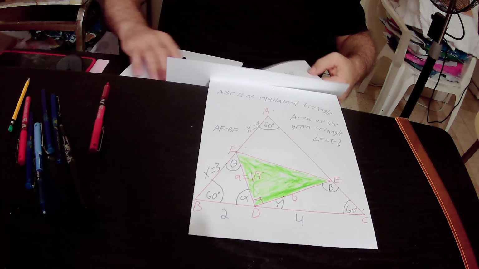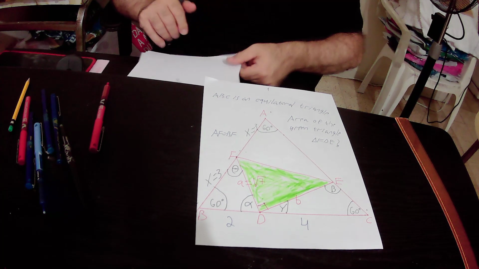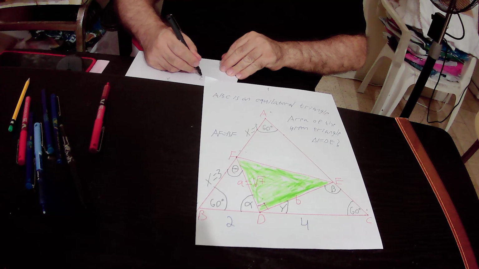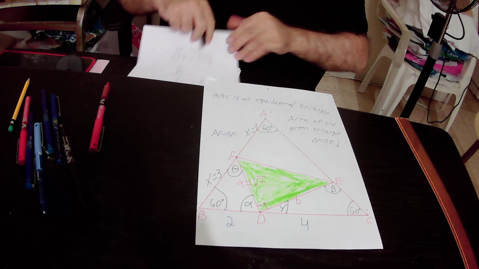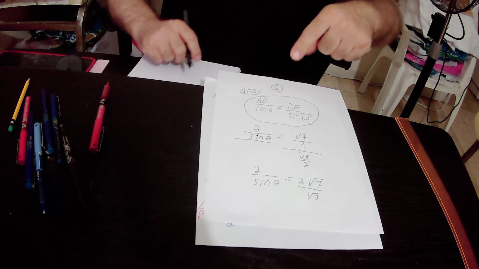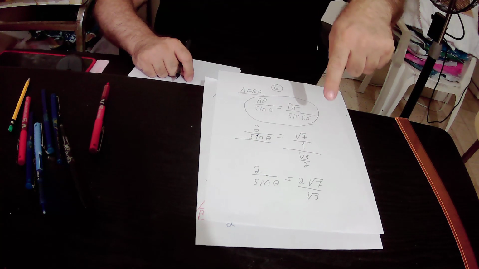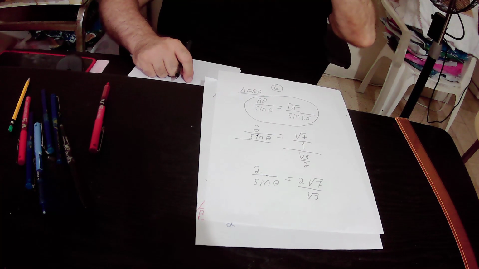Okay? We will get that 2 over sine theta equals 2 times root 7 over root 3. Okay, we did the simple arithmetic, and we got that 2 over sine theta equals 2 times root 7 over root 3.